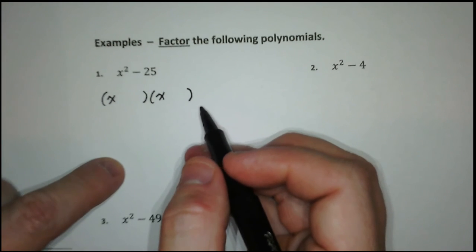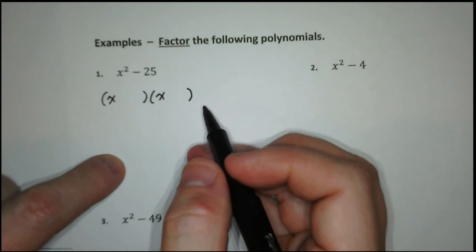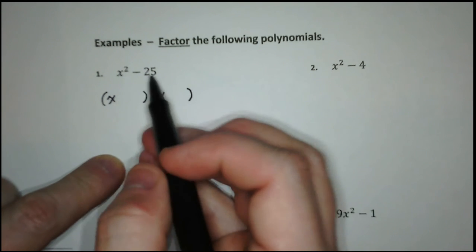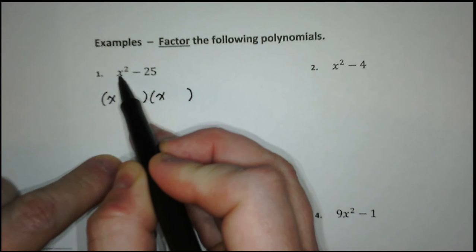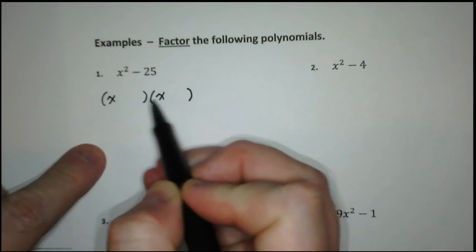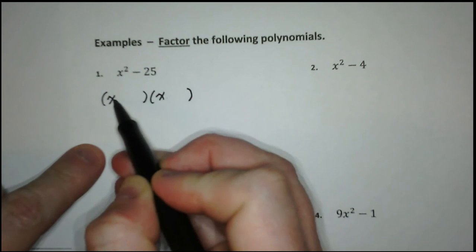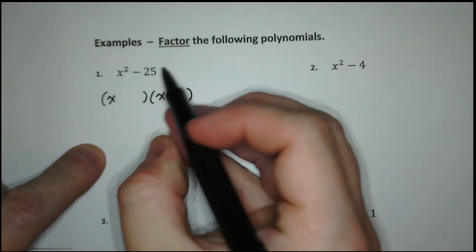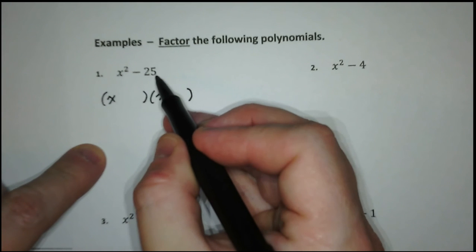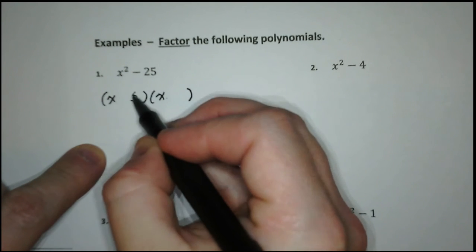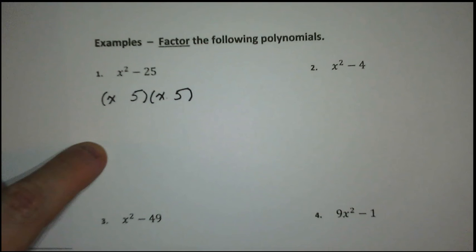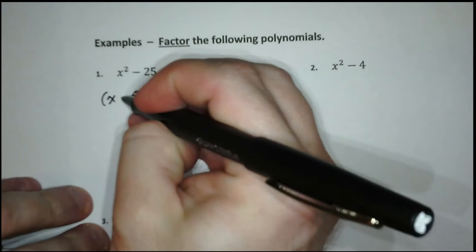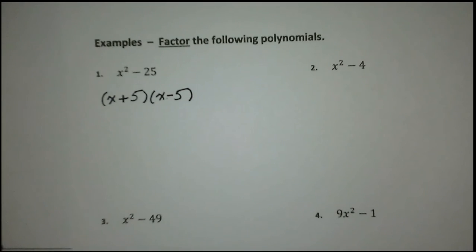Probably the way I naturally go with, on instinct, is: what's the square root of x squared? X. That starts off the bubbles because x times x is x squared. Then what's the square root of 25? 5. And then one bubble's a plus and one bubble's a minus.